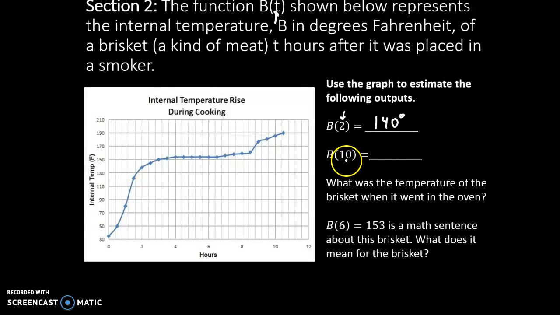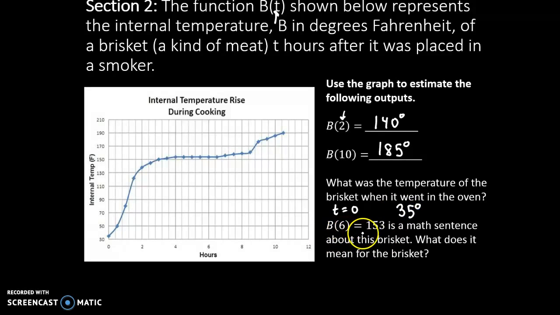B of 10 means 10 hours after it was placed in the smoker. The temperature is almost 190, maybe 185 degrees. What was the temperature of the brisket when it went in the oven? So when it went in the oven, that's going to be at t equals 0. So I'm going to look for t equals 0. It looks like the temperature was maybe 35 degrees, perhaps.